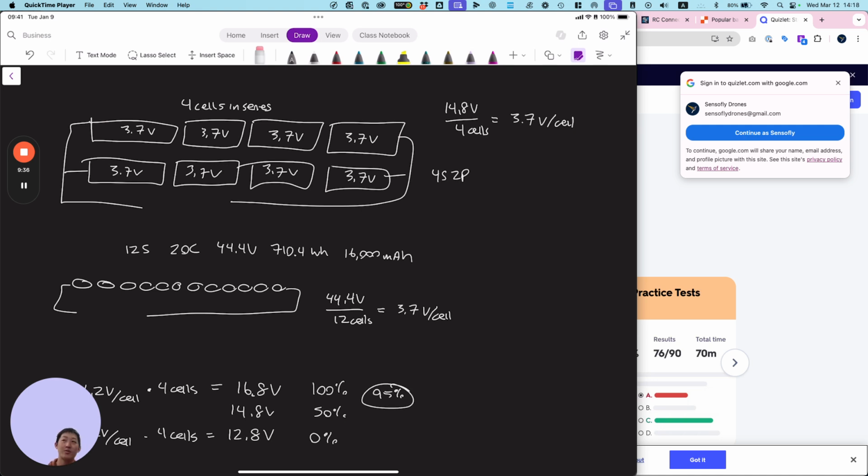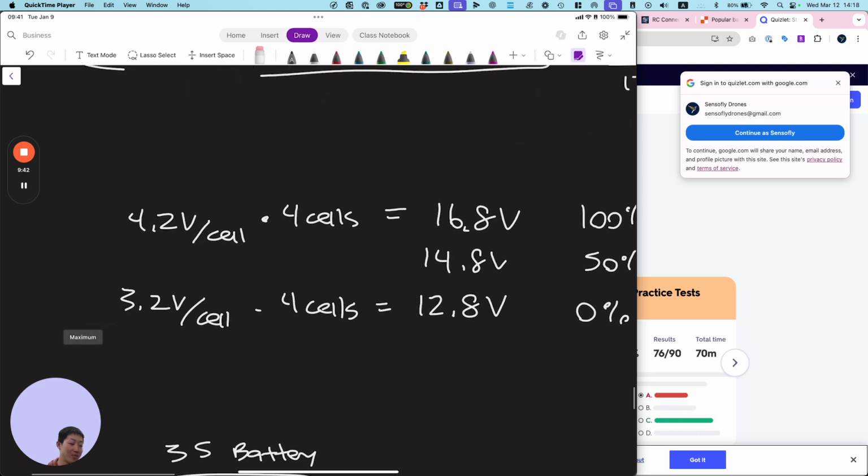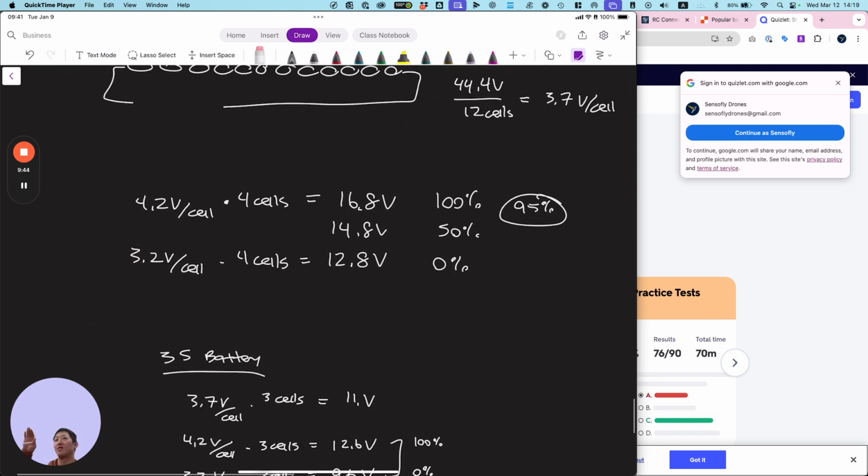Now, there's a range for the actual voltage on the drone battery. It can range from a maximum of about 4.2 volts when it's charged, and it can go down to about 3.2. So that's the range that you're going to see. 3.7 is coincidentally right in the middle, around the 50% mark.